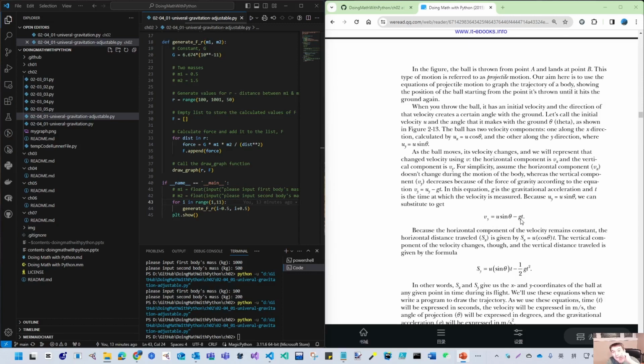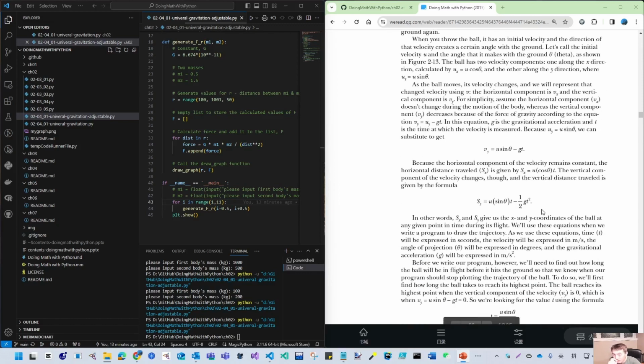So vy changes through this: minus gt, where t is time and g is our constant for gravitational acceleration, and t is the time at which the velocity is measured. We will have a very tiny interval of t, so you can draw quite a smooth curve.